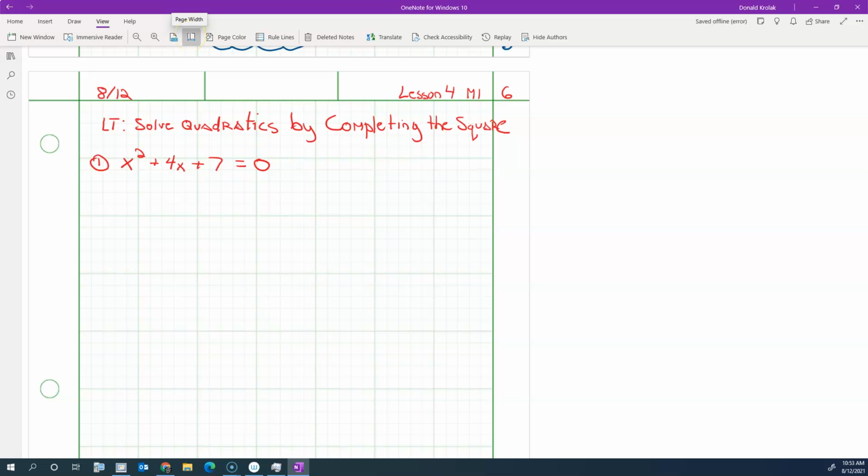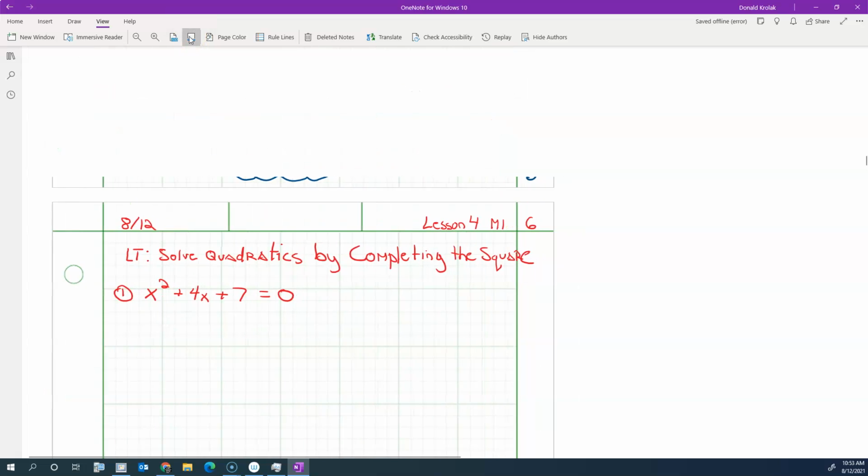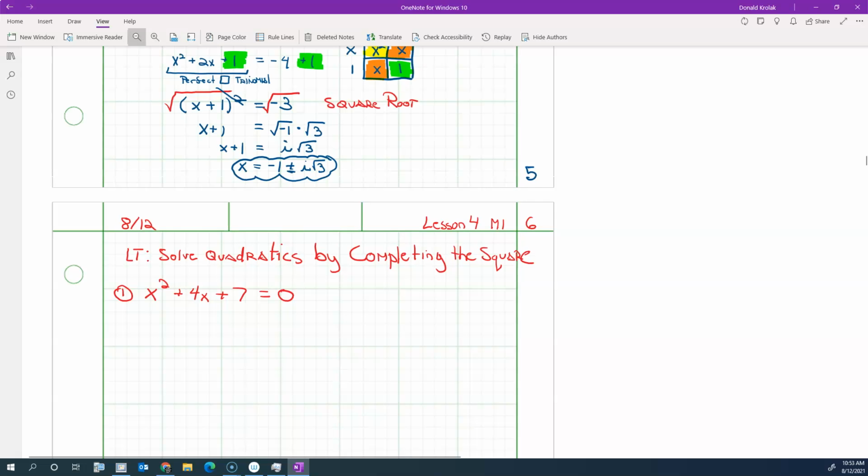All right, so when we talk about these things, each one of the variables in there has a name. The one with the square, this is called your quadratic term.